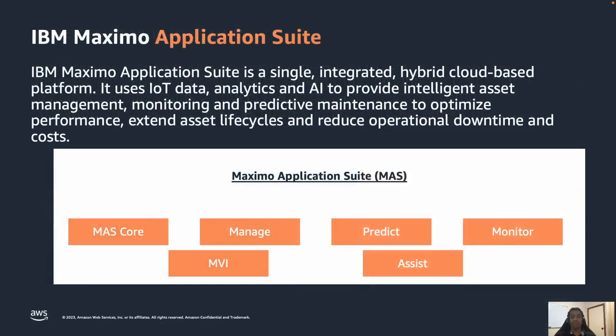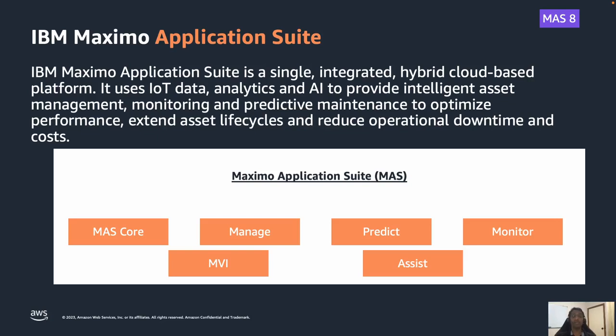Right? So let's have a look at what IBM Maximo Application Suite is and how it differs from IBM Maximo. IBM Maximo Application Suite is a combination or a grouping of a number of IBM's enterprise asset management products. It's often termed as MAS 8 or Maximo Application Suite 8, where 8 is the version number, the starting version number for MAS.